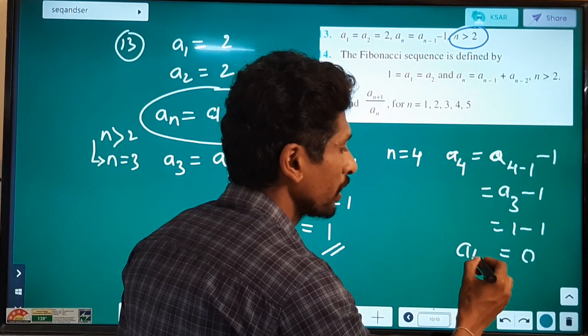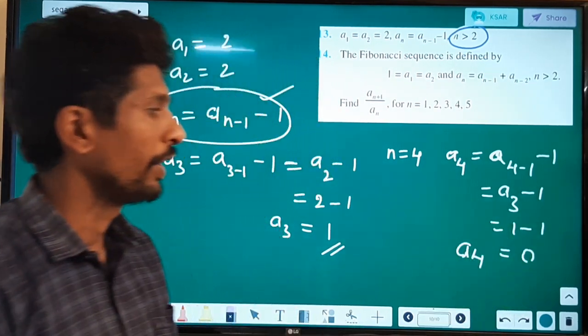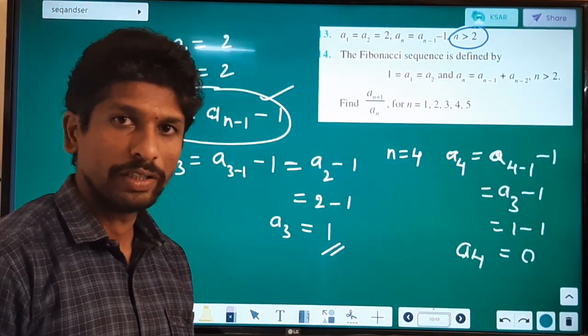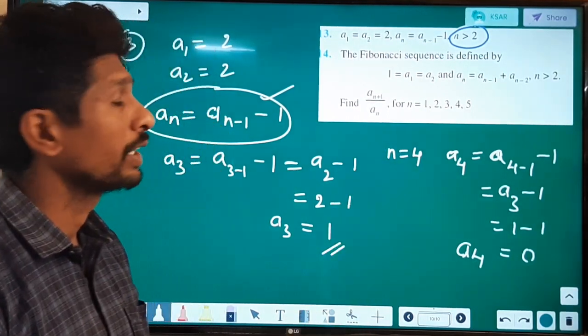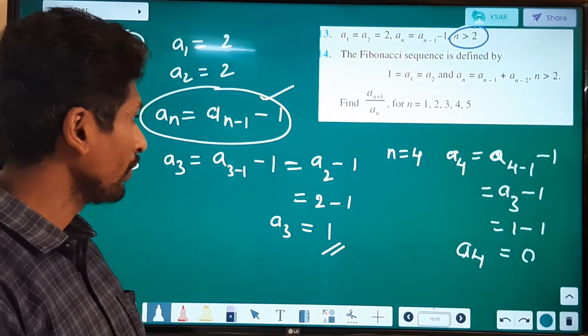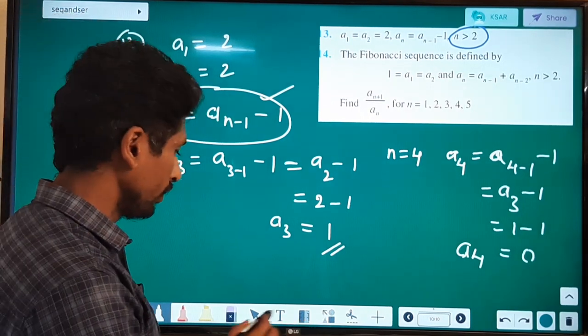Therefore A4 becomes 0. Now the last one we have to find out is the fifth term. Let us consider it.